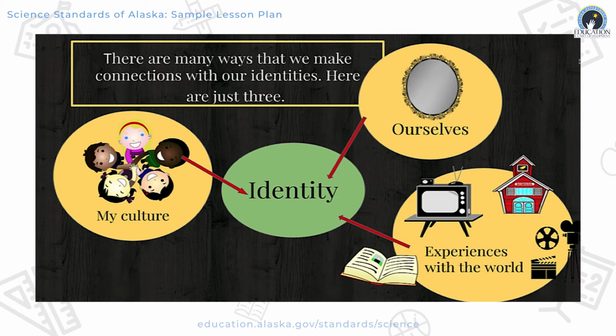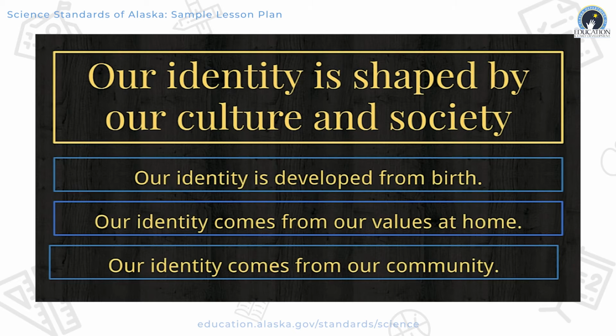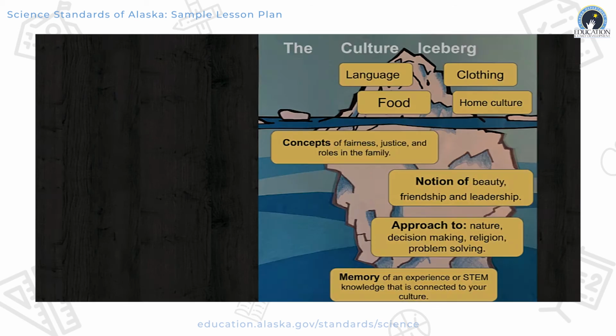They're all part of our identity, as well as the books and learning that we experience in schools. And so our identity is shaped by our culture and our society. It's developed from birth. It's shaped from our home values and our home communities.